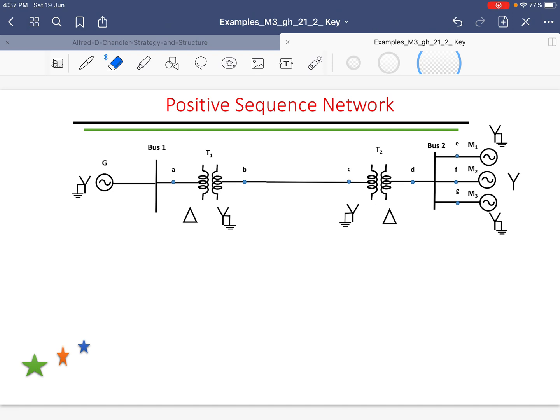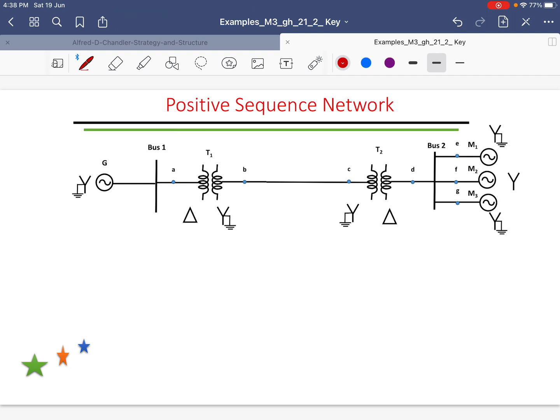Now I start drawing the positive sequence network. The generator is represented by a source of voltage E_A in the positive sequence, because here we are drawing only the positive sequence network.